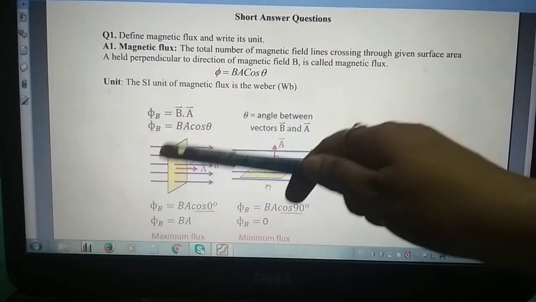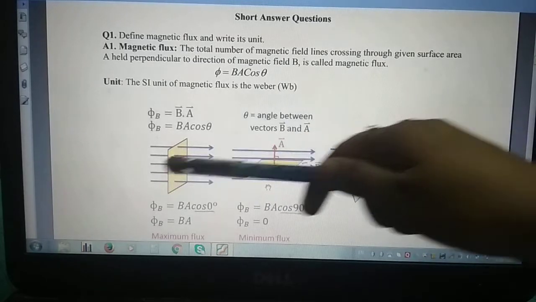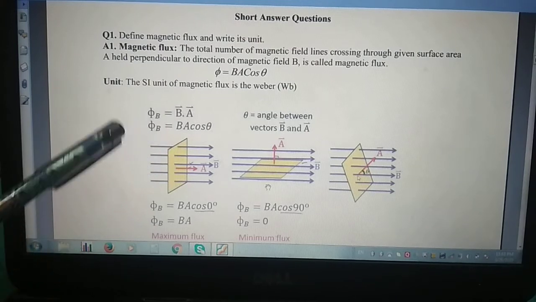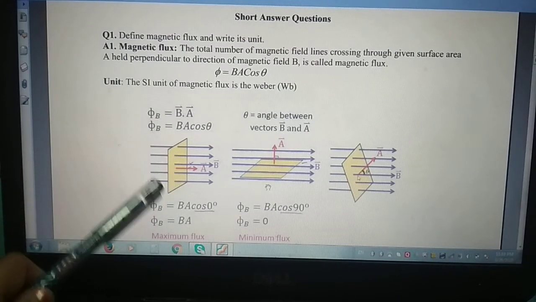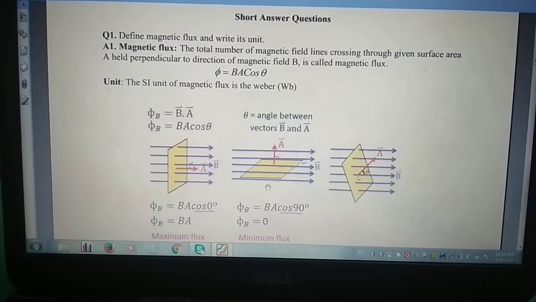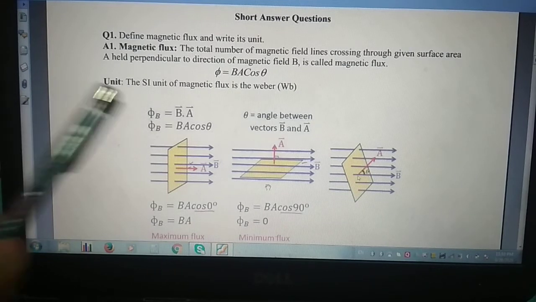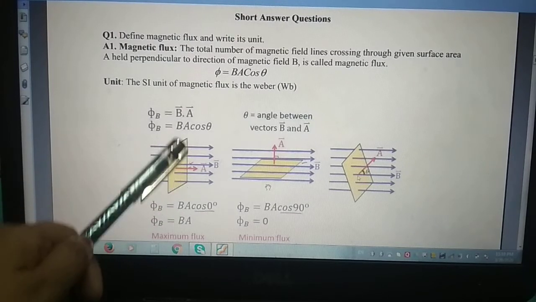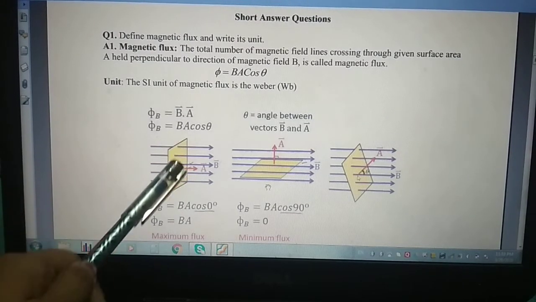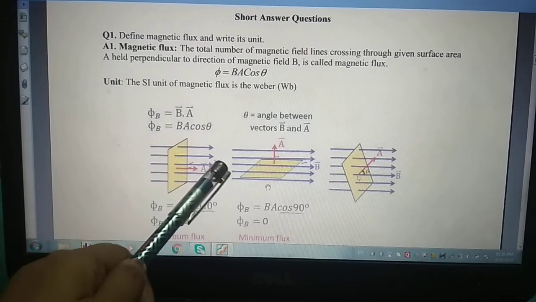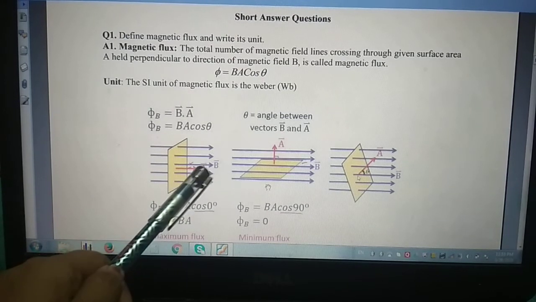You can see here that this is the area and these are the magnetic field lines. In the very first figure, the area A and magnetic field lines are perpendicular to each other. But if we consider the area vector A, which is perpendicular to this area, then the direction of A and B are parallel to each other.